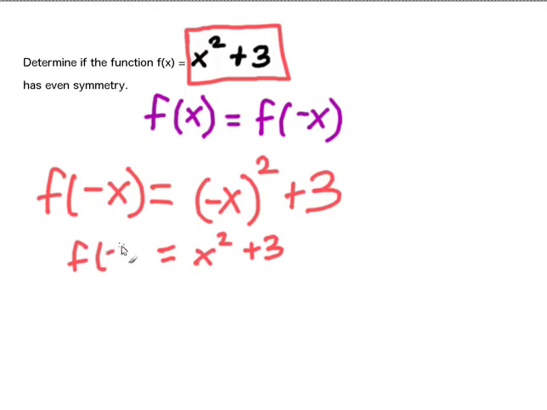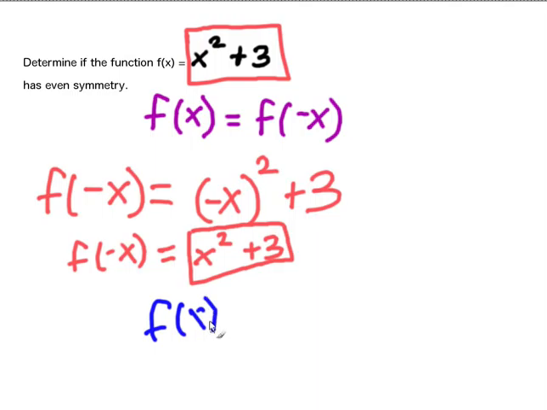If you take a look at f of x up here, you see that f of x is equal to x squared plus 3. And you also see that f of negative x is equal to the exact same thing. So that tells me that f of x is equal to f of negative x. Does that match what our definition says?